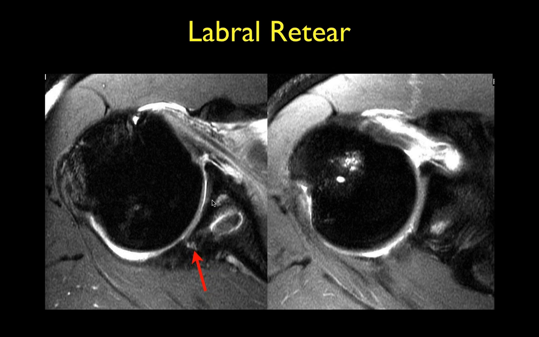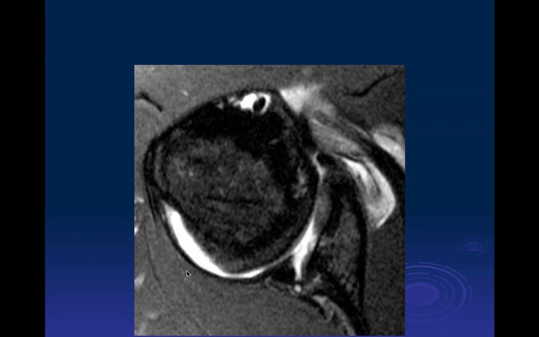But as we talked about, this is a very unstable congenital anomaly, where when you stress it, the weak link is between the hypertrophied labrum and the posterior part of the glenoid here. This tore. They went in and did a repair, but he continued to pitch at the major league level, and the repair didn't last very long. So this is a congenital anomaly with a retear after surgery.